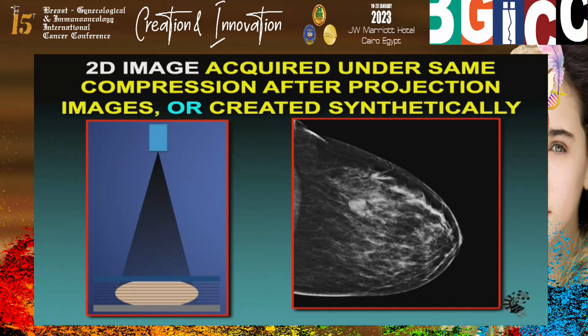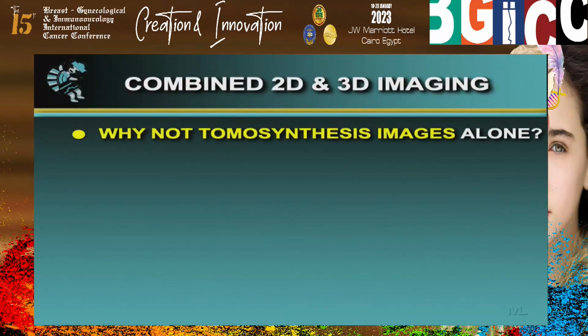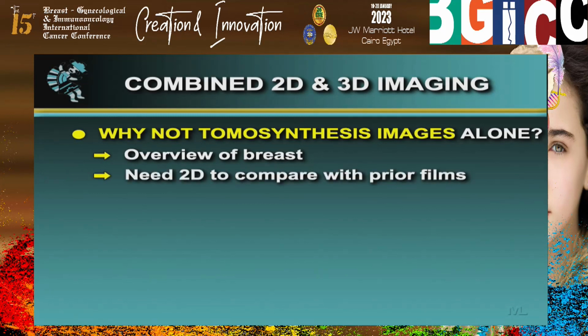So either way, we do need the 2D image because we really need an overview of the breast still. We also need to compare to the previous studies, and that can really be done best with the 2D.